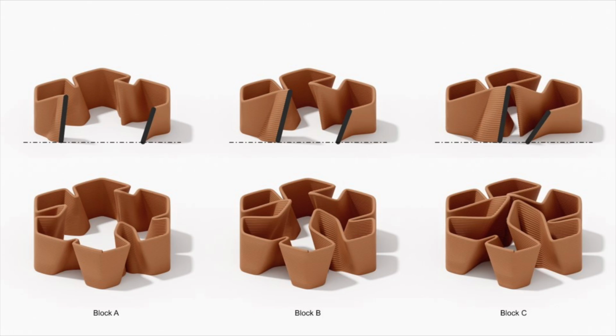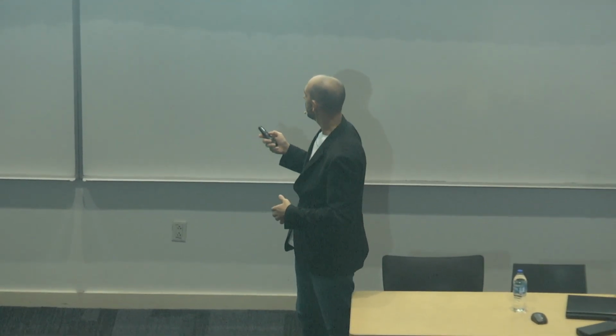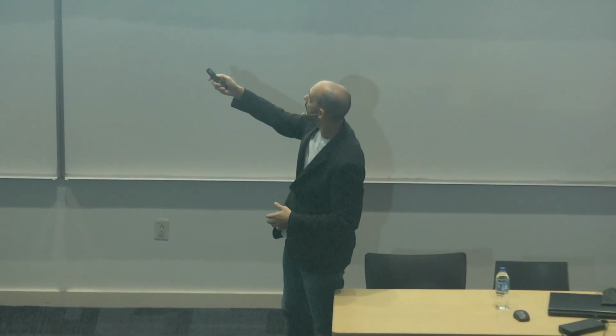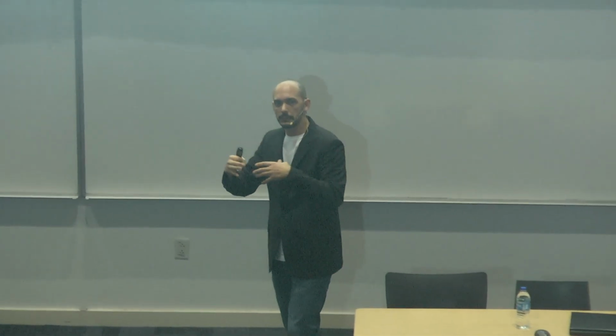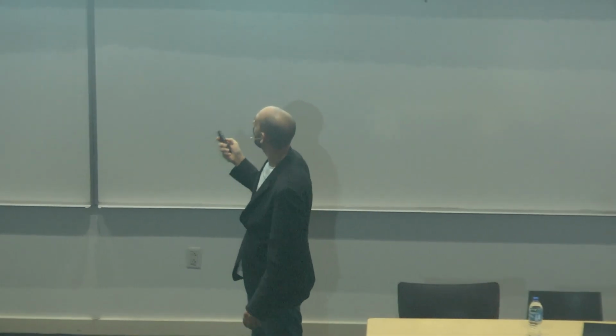This is an evolution of the same system of blocks. It is inspired by the mashrabiya, which is a porous brick structure that you have in a lot of Arab countries. And the idea was to play with the porosity and the transparency of this system of bricks. So we created a design with different levels of openings in order to achieve different levels of transparency and opacity of the wall.